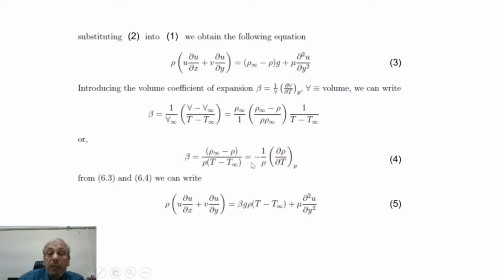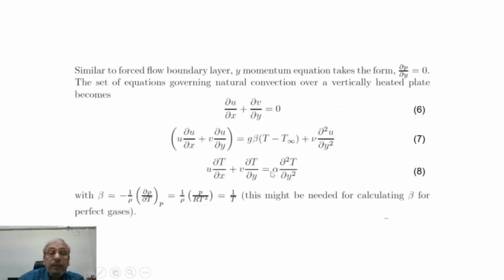Beta is minus 1 by rho, we already worked it out, ∂rho/∂T at constant pressure.